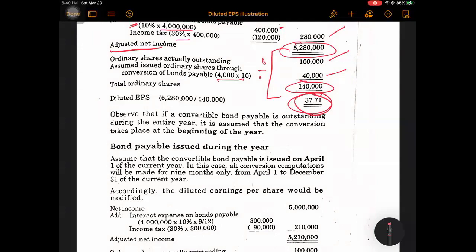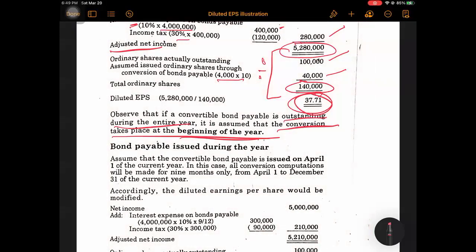So, dilution occurred. Observe that if a convertible bond payable is outstanding during the entire year, as mentioned in the problem, outstanding beginning January 1, 2020, then our assumption is that the conversion takes place at the beginning of the year.